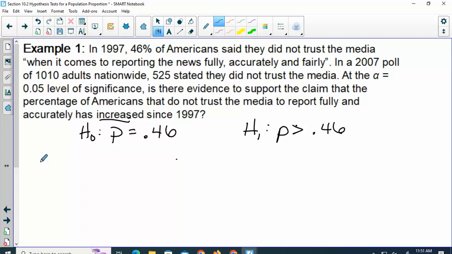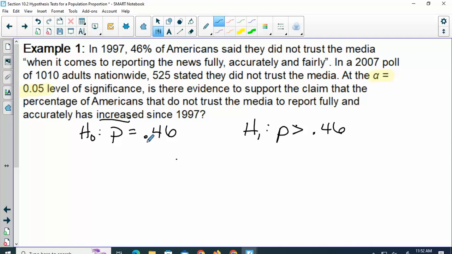Okay. Step 2. We have to have an alpha level, which is given in the problem, but just so we make sure we know it, we are looking at alpha equals 0.05. All right, step 3. Doesn't matter which approach we're doing, we still have to do this. We need our z-score.